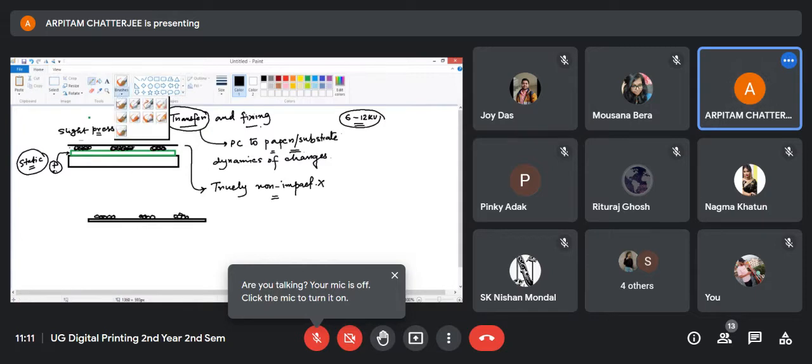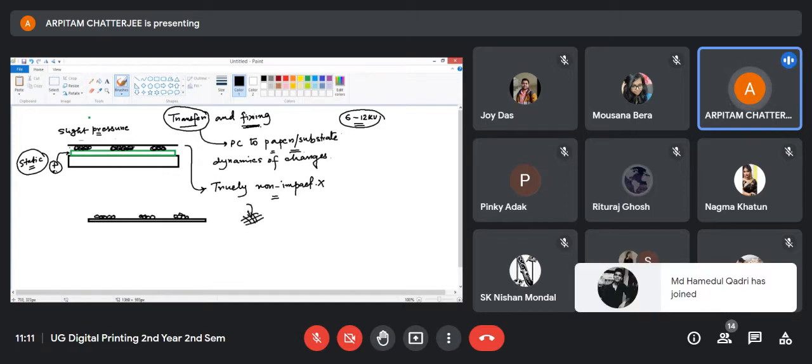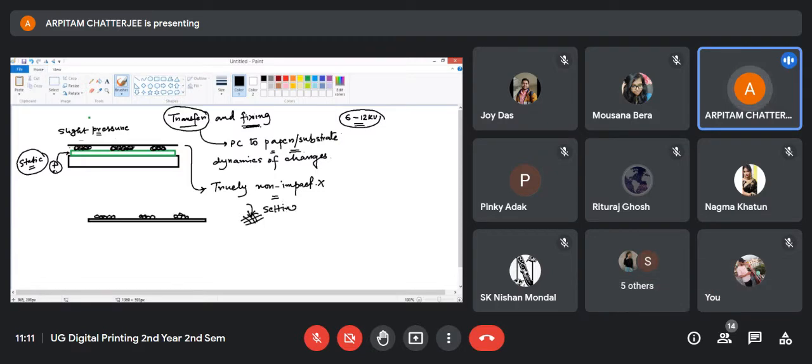So to avoid that, after transfer we have a very important process called fixing. Now fixing means you are going to put these toners within the fibers of the paper. That means they are getting set. Okay, so this is also called setting.